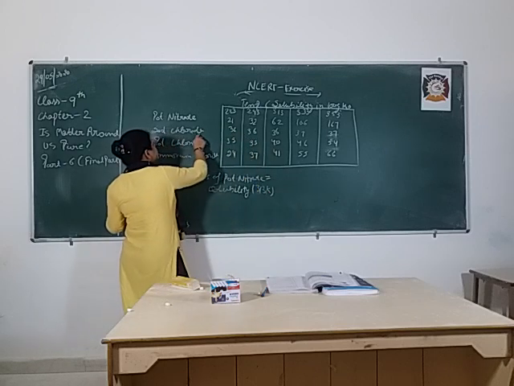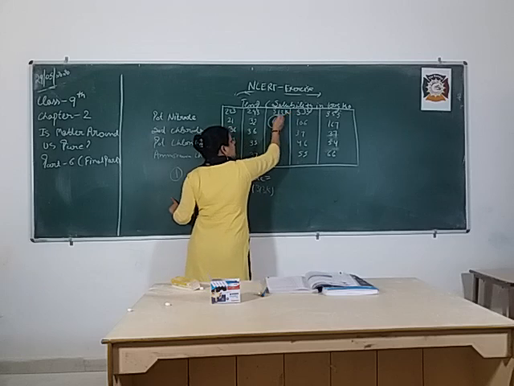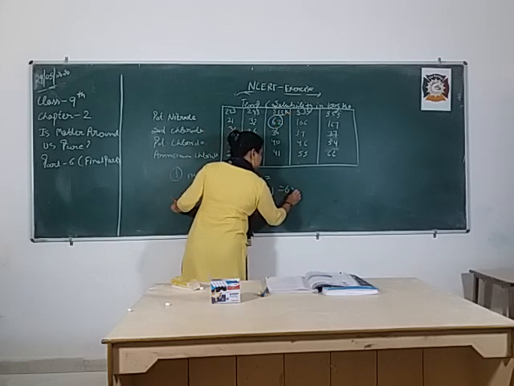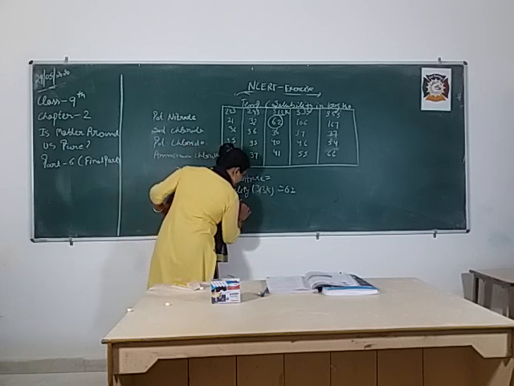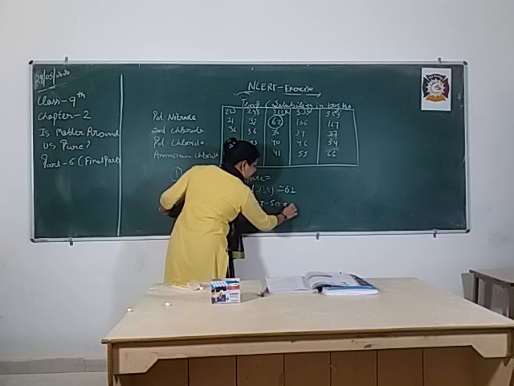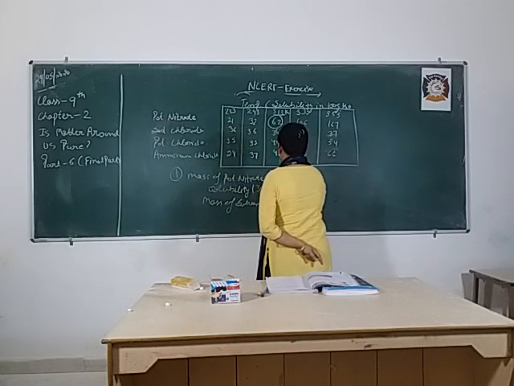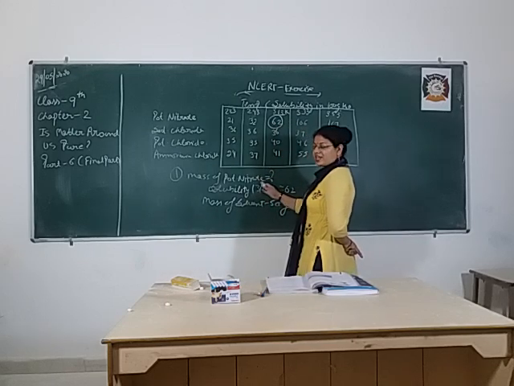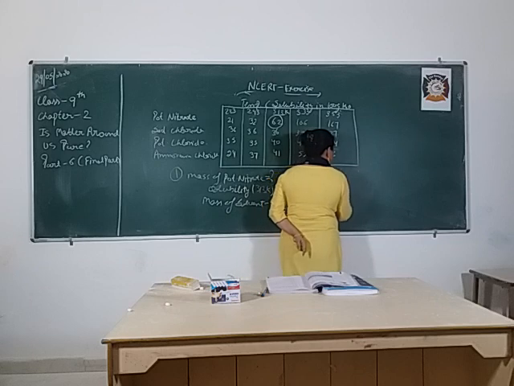So from the table, potassium nitrate at 303 Kelvin temperature, the solubility is 62. Mass of solvent he has given, that is 50 grams. So now what you have to find out? You have to find out the mass of this potassium nitrate.